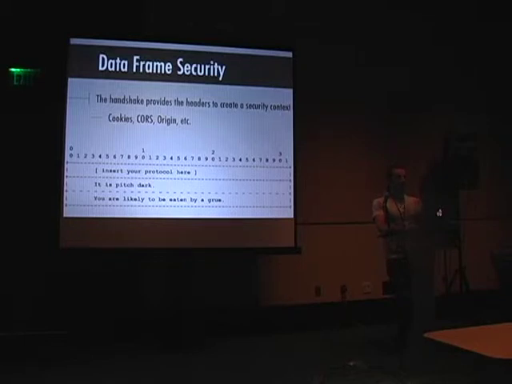A few things come free, like the origin header or CSP directives. Some of the CSP directives can affect WebSocket security, but other than that, the protocol itself, the data frame, doesn't have anything added to it as far as security is concerned.